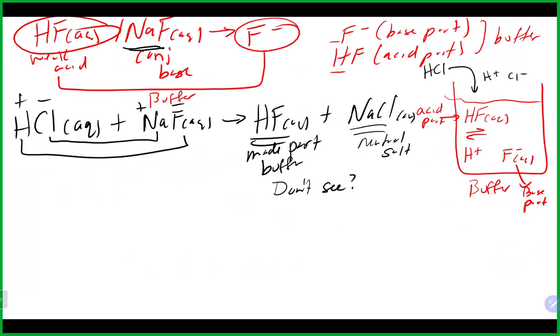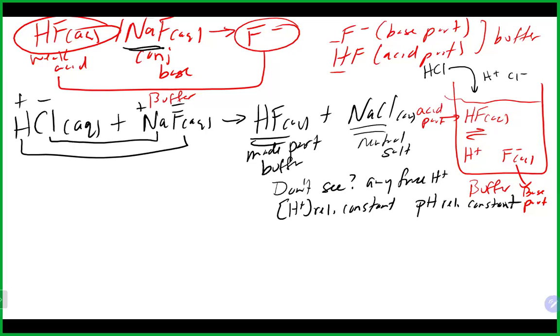But when we look at when we add it to the buffer, we don't see any free H plus. And because we don't see any free H plus, the concentration of H plus will stay relatively constant. And if the H plus concentration stays relatively constant, that means the pH stays relatively constant as well.